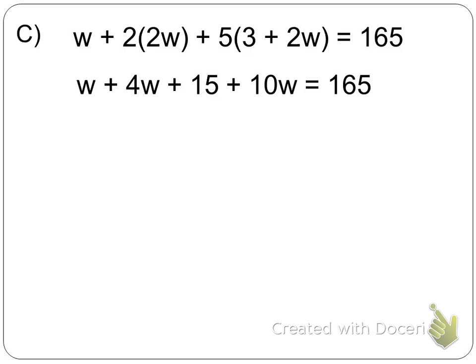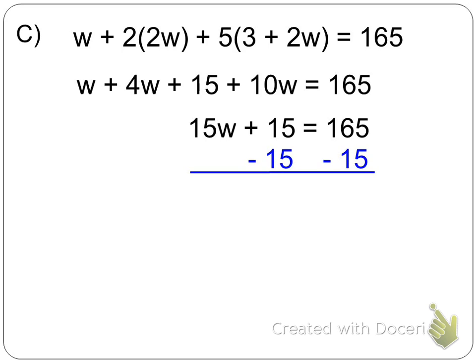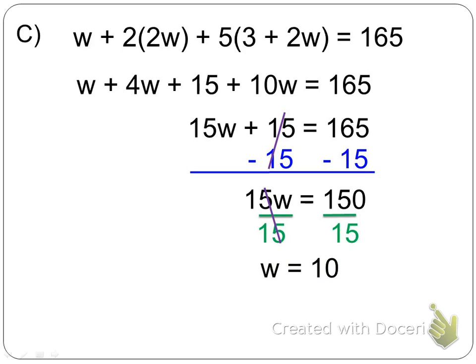How many W's do I have? 15W plus 15 equals 165. All right, from there, we have 15W equals 150. And then divide both sides by 15. And W equals 10.